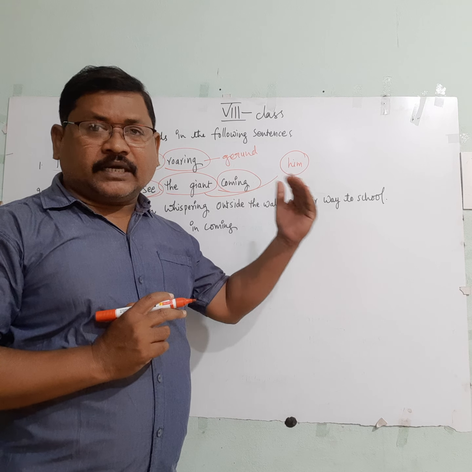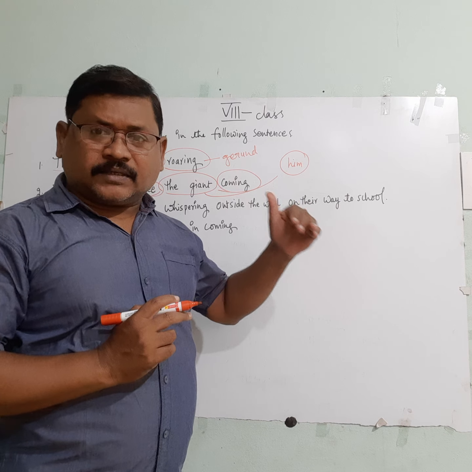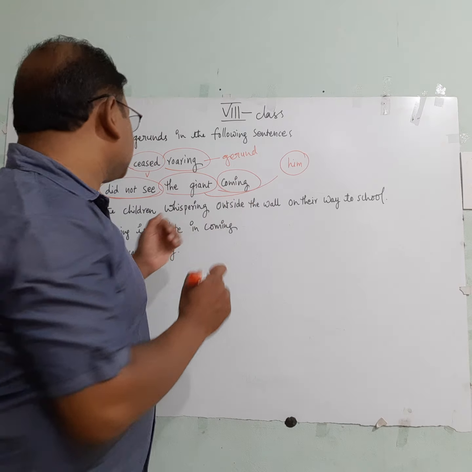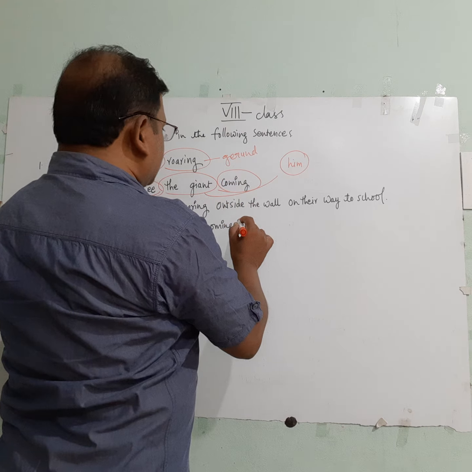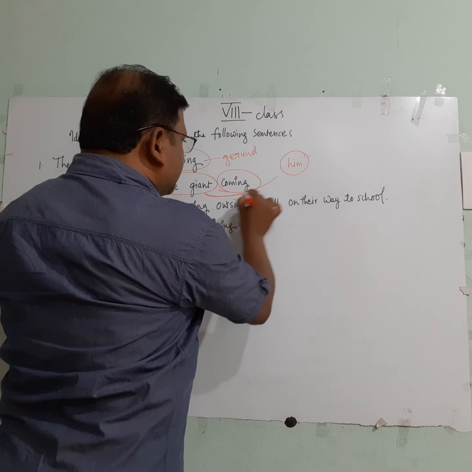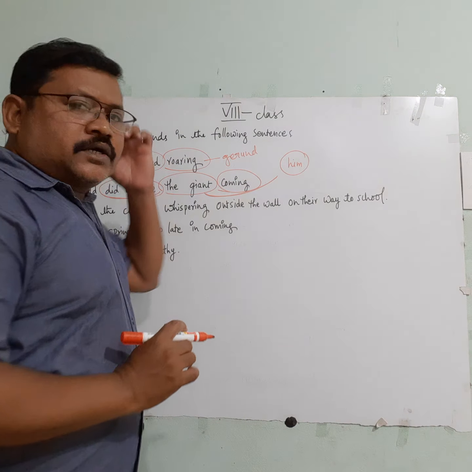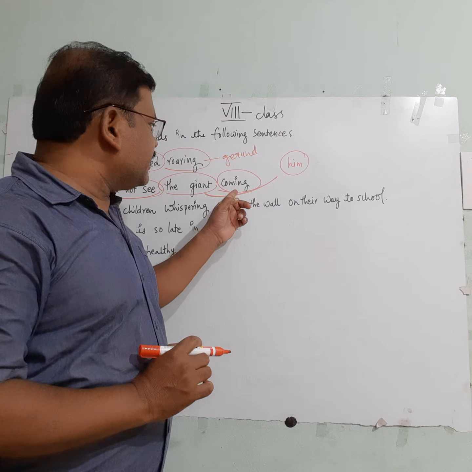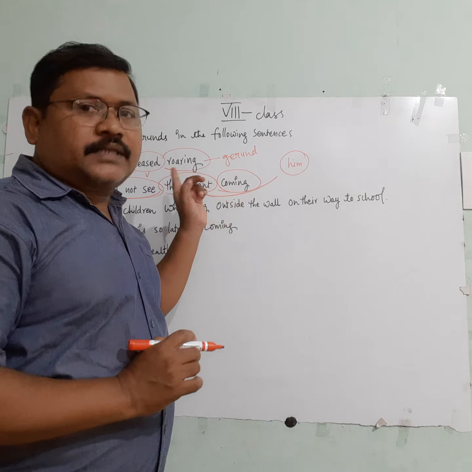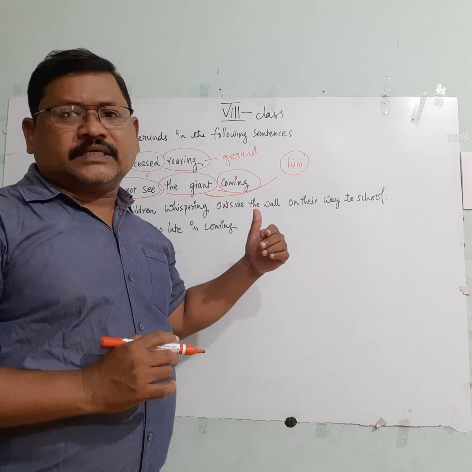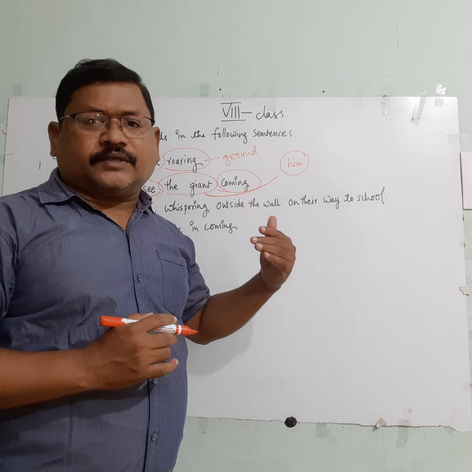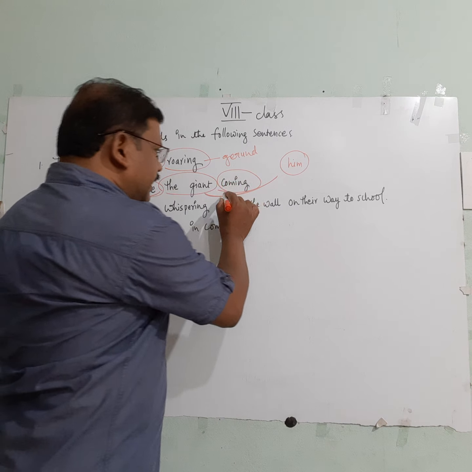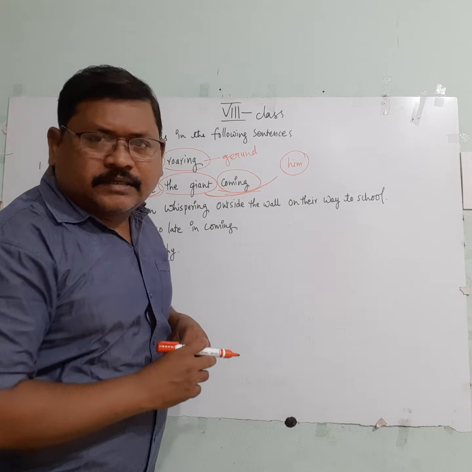He, him: he is the subjective case, him is the objective case. Thus the giant means here him. So when V1 ing is followed by a pronoun which is in objective case, then it will be treated as present participle.